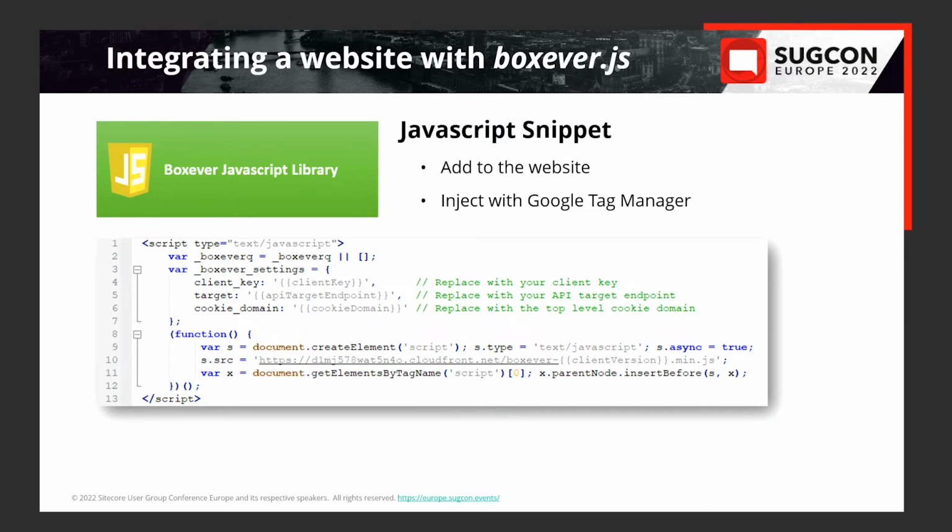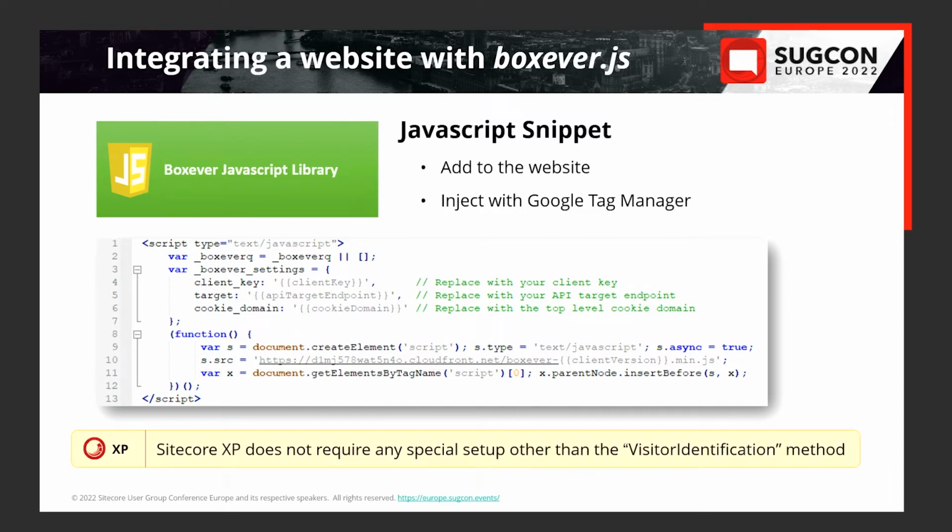I don't need to explain the differences. Of course, you are all aware of that. If you do it via Google Tag Manager, you may experience a little delay when loading your experiences. And that's the equivalent of nothing, because as we know, XP doesn't need that. It's everything there.